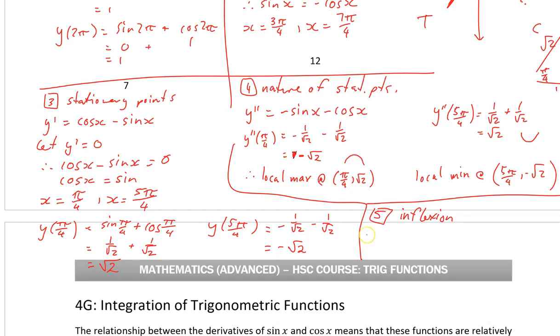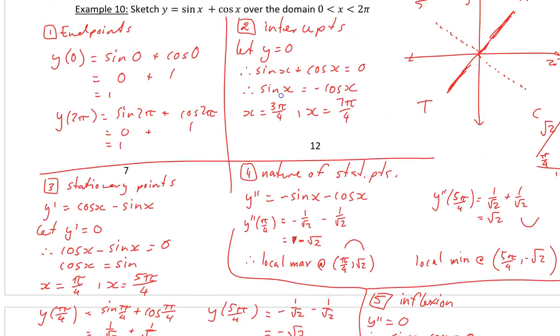I want my second derivative equal to 0. Therefore, negative sine x minus cos x equals 0, which is the same as sine x plus cos x equals 0. We've already done that. When does sine x plus cos x equal 0?